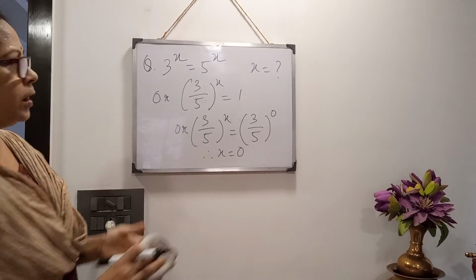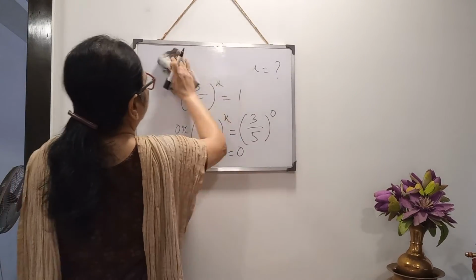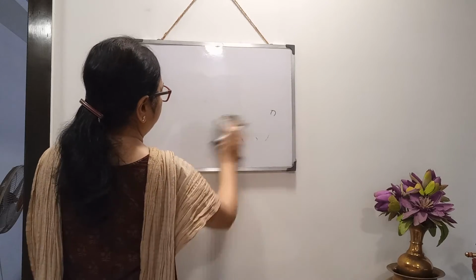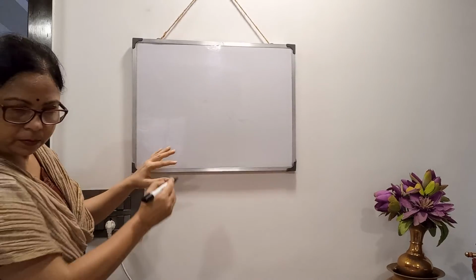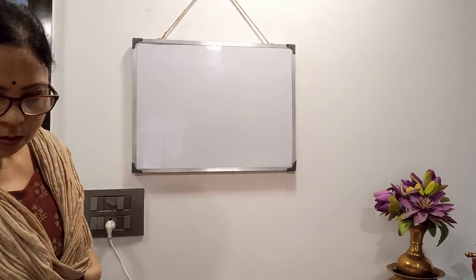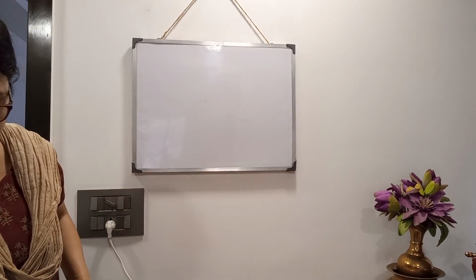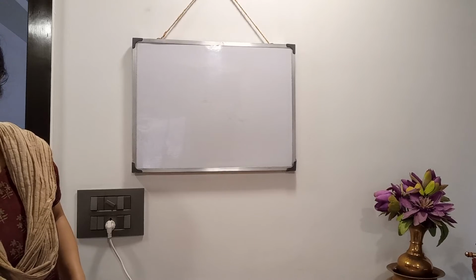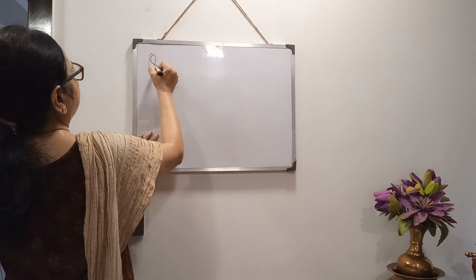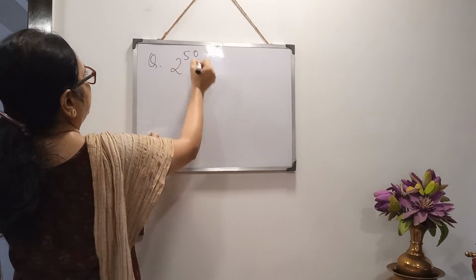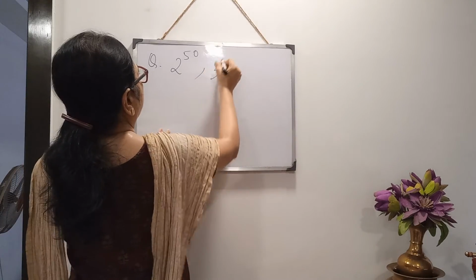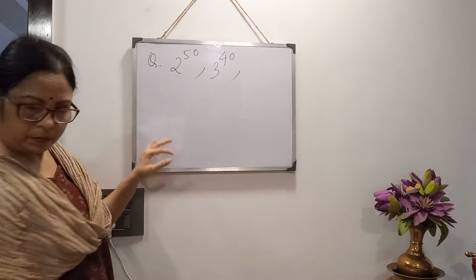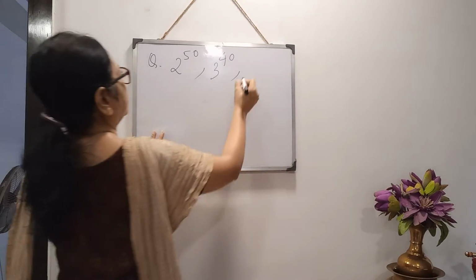If the sum is of this type: which among the numbers is greatest? I am writing the numbers: 2 to the power 50, 3 to the power 40, and 4 to the power 30.